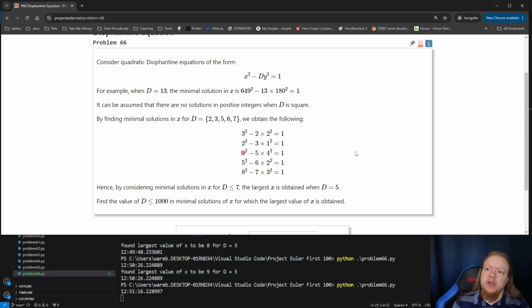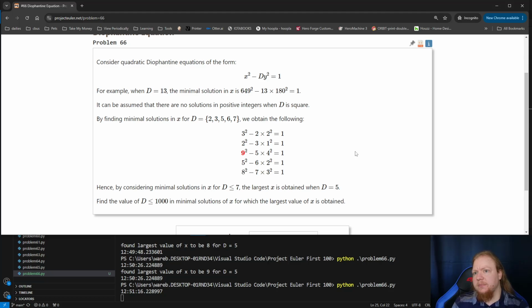Especially since X is obviously not always iterating. It's not always getting bigger. And there's not a super clear relationship between these numbers.